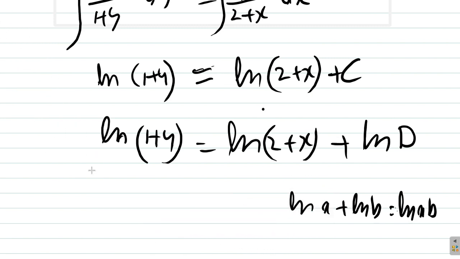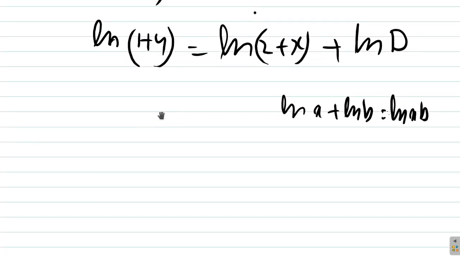So, if that is so, then let's look at this. Let's rewrite the right hand side. ln 1 plus y equals, if ln A plus ln B is equal to ln AB, then ln 2 plus x plus ln d is the same as what?